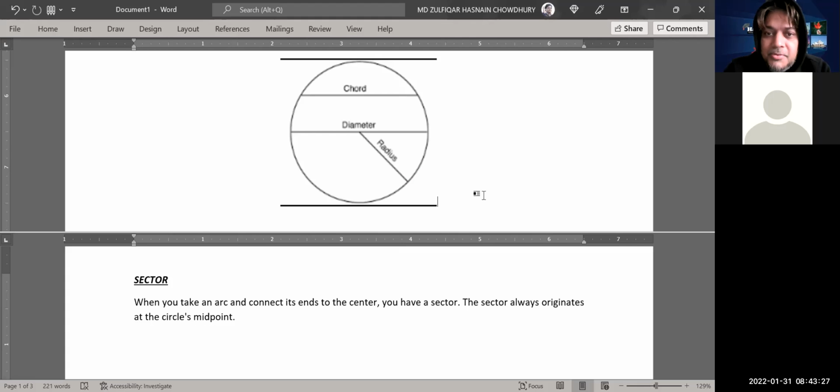Okay, if you give him a pizza, will he be able to cut a pizza slice from the arc to the center? No. Maybe he will be cutting the pizza slice from anywhere he wishes, right?